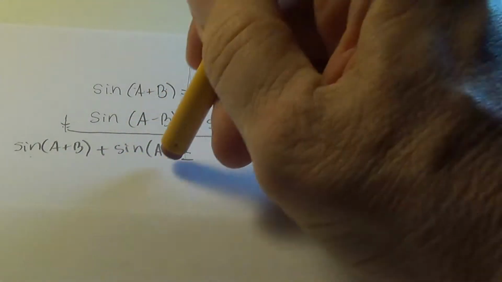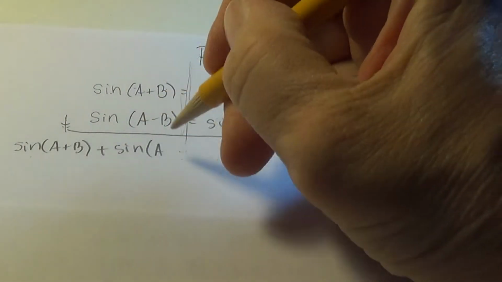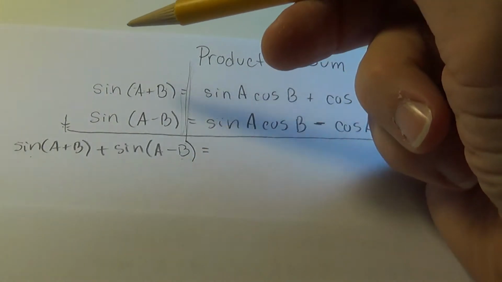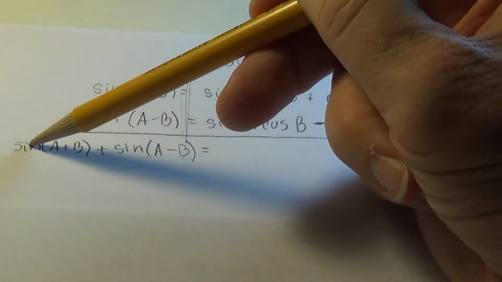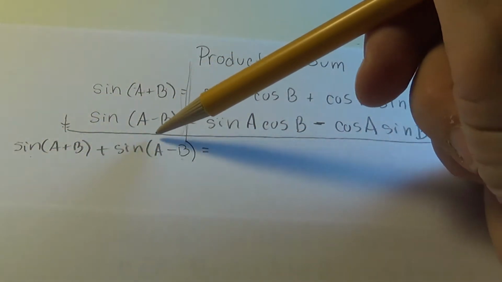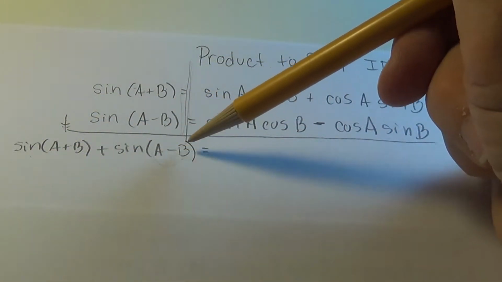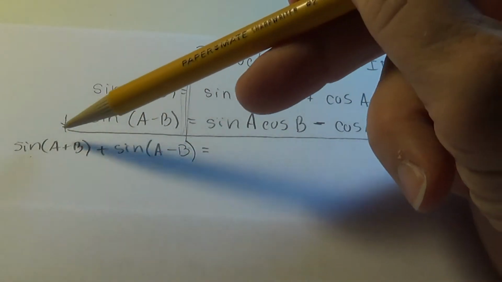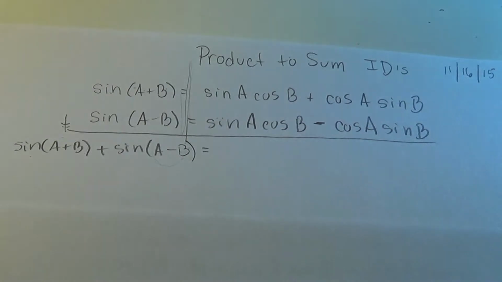Can that combine in any way? It cannot, because this sine has to be applied to the a plus b, and this sine has to be applied to the a minus b. So in no way can we combine a's or b's because of the sine function there. So that's all we can do with the left side.